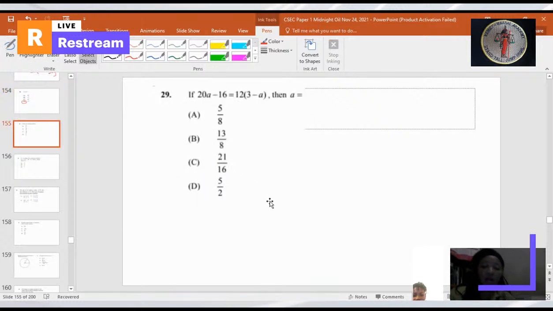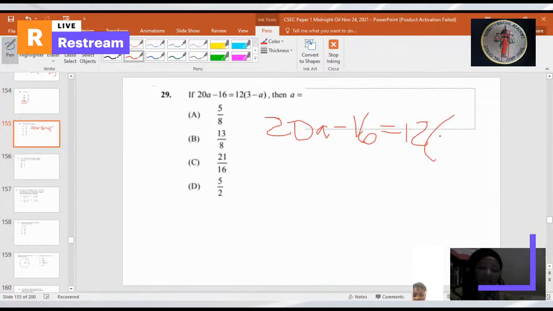All right. So number 29 is an equation that they want us to solve for A. We have 20A minus 16 is equal to 12 times 3 minus A. So we're going to expand.